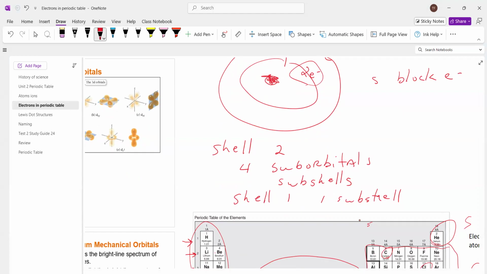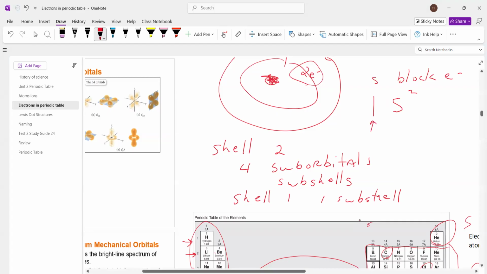Okay, so the way we're going to label these, let's start with the first 2 electrons. Shell 1, the subshell electrons are S, and there are 2 of them.